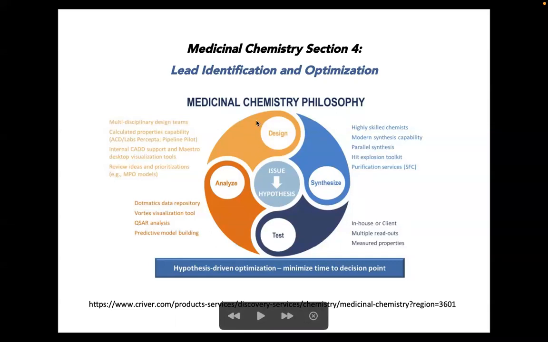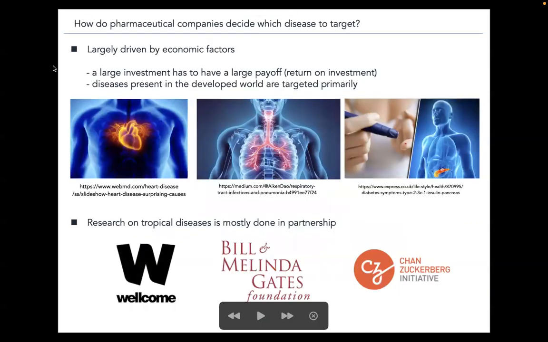So you can see there's a design phase, a synthesize phase, a test phase, and an analyze phase. We'll touch a little bit on each of those as we go through. A lot of the content at the beginning of this is going to be a more in-depth conversation about what you saw in the introductory slides when we got started in section 1.